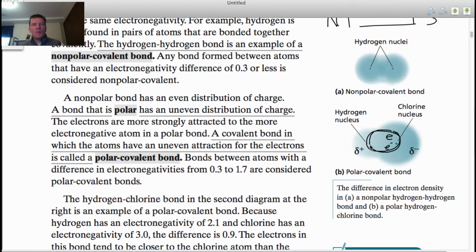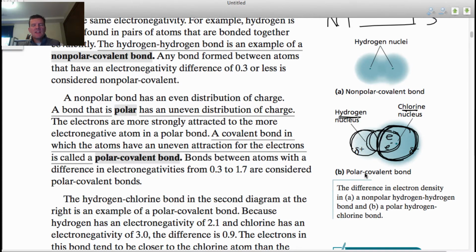Okay? The pull to one side is not so extreme that the electrons are completely transferred, but still the electrons are going to spend more time over here around one atom than they will around the other atom, because this atom, let's say in this case chlorine, has a stronger pull on electrons than hydrogen does.